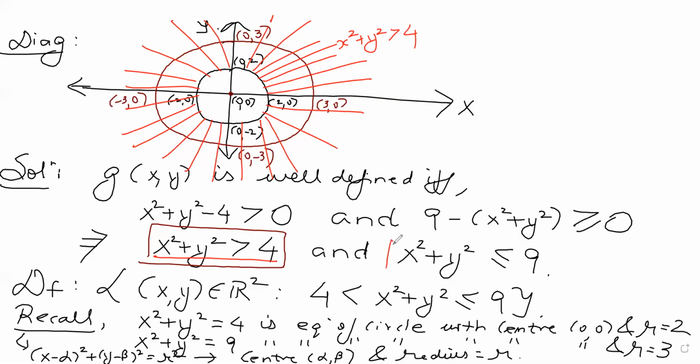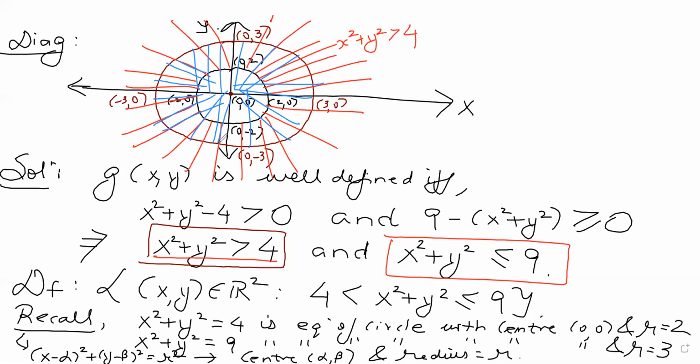And x square plus y square less than or equal to 9 means shading will be towards the origin. Now, how do I shade the area towards the origin? It's going to be like this. So from the bigger circle, we are shading the area towards the origin. So now, which is the portion which is overlapping?